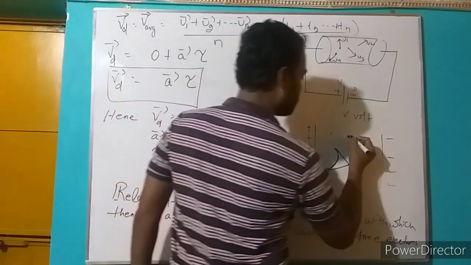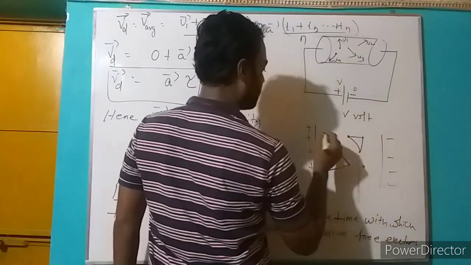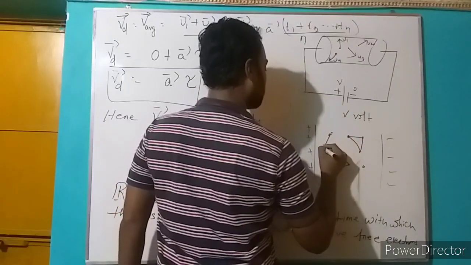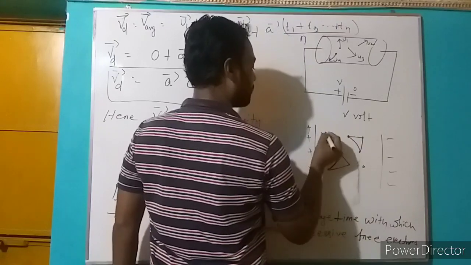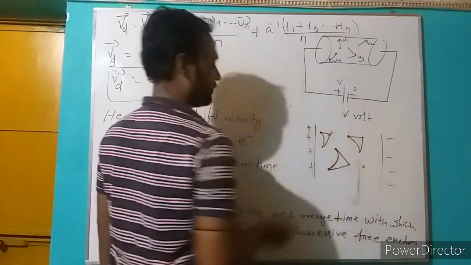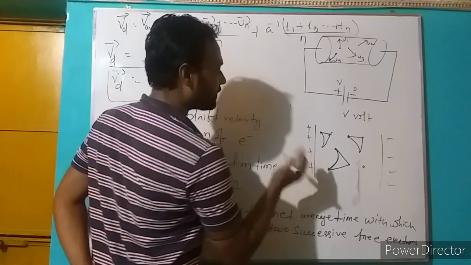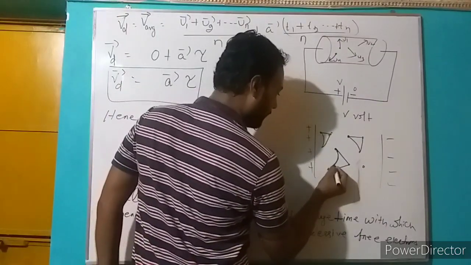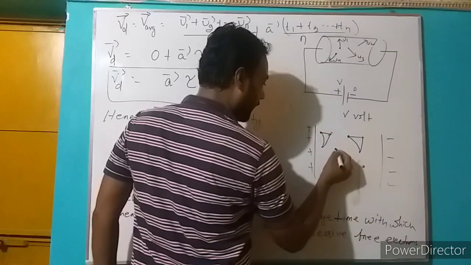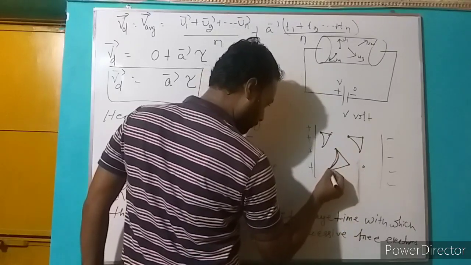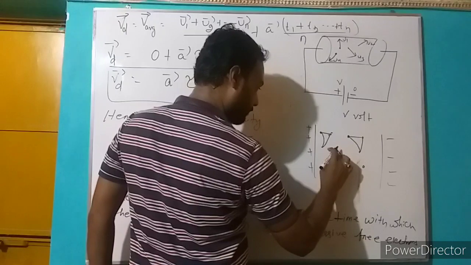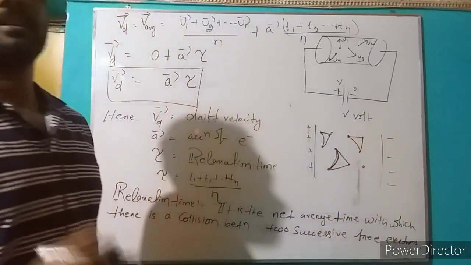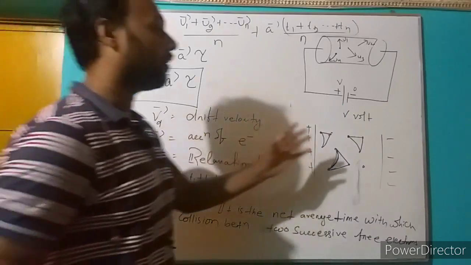So relaxation time means while that electron travels a certain path and collides with that electron, there is a time which is generated. That time is known as relaxation time for all particles.